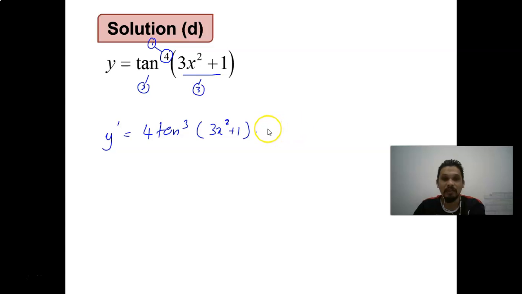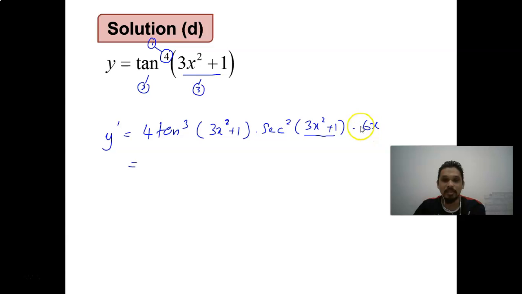Differentiate tangent: secant squared of 3x squared plus 1. Then differentiate 3x squared plus 1. Differentiate 3x squared equals 6x.